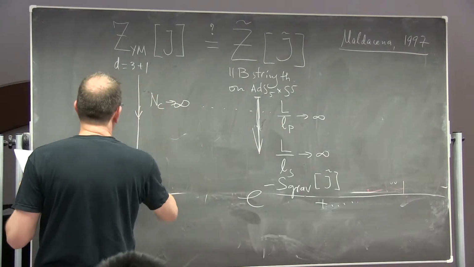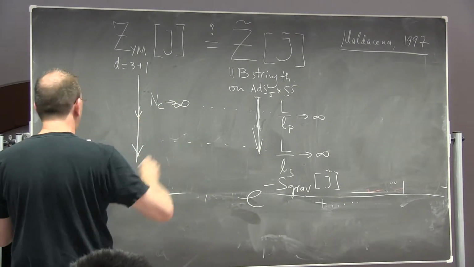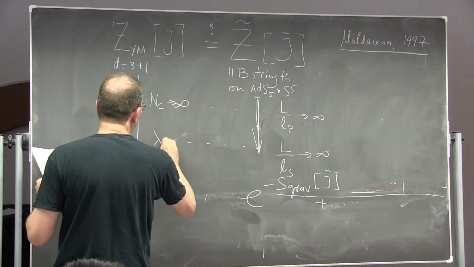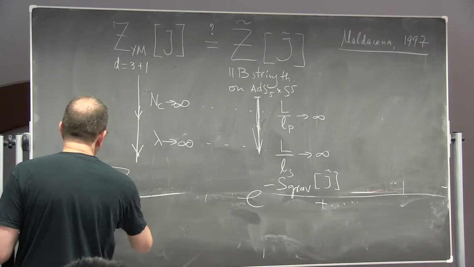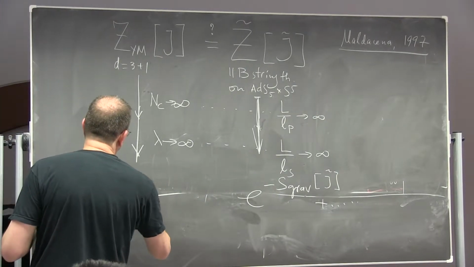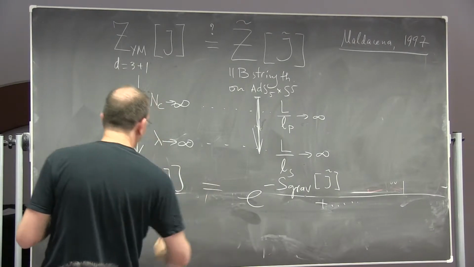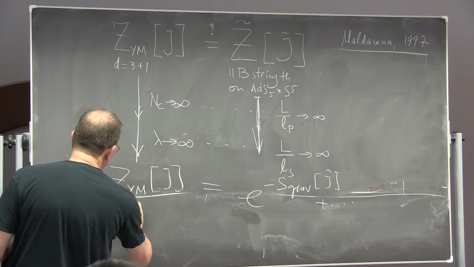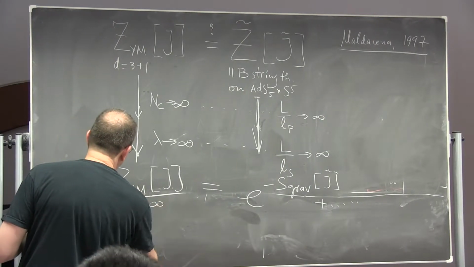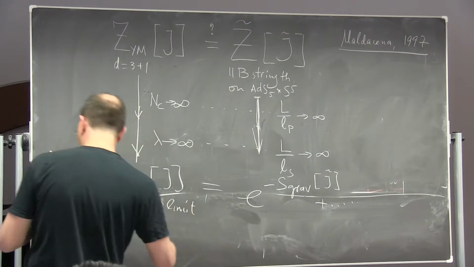And this limit, L over L_s going to infinity, corresponds to taking the 't Hooft coupling to infinity. And otherwise, nothing changes. So this is still Z Yang-Mills of J, and this is still supposed to be equal to this, but now it's Z Yang-Mills in the limit of N_c going to infinity and lambda going to infinity. Okay?